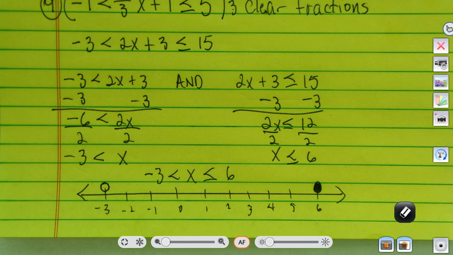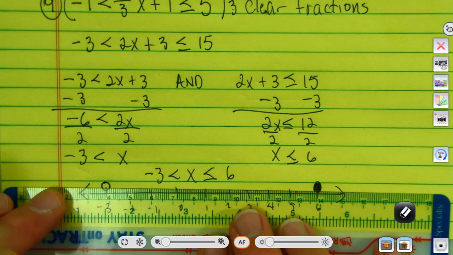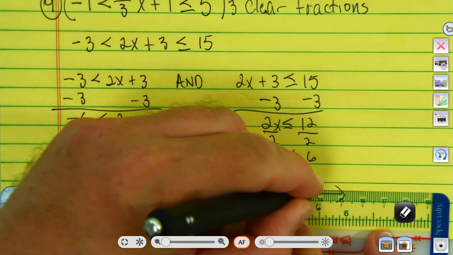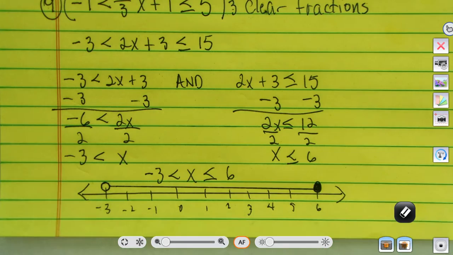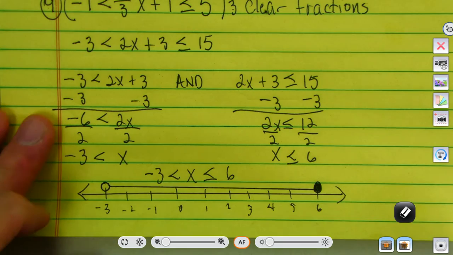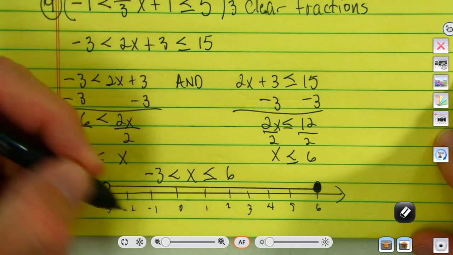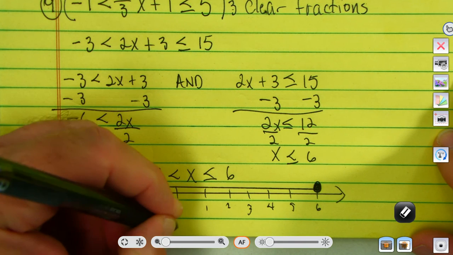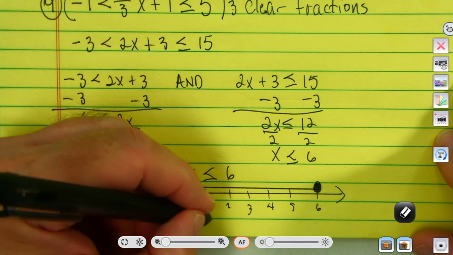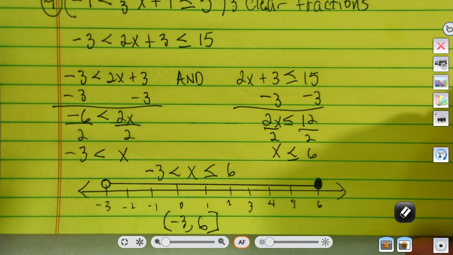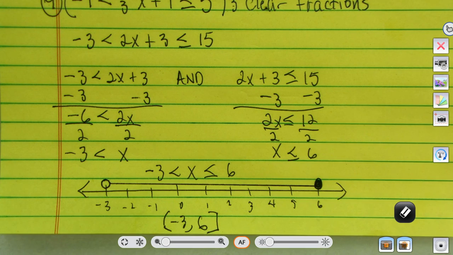And it's every value not equal to -3, but greater, all the way up to and including 6. In interval notation, that answer is just parentheses, -3, 6 bracket. And that's a compound inequality that's an and statement.